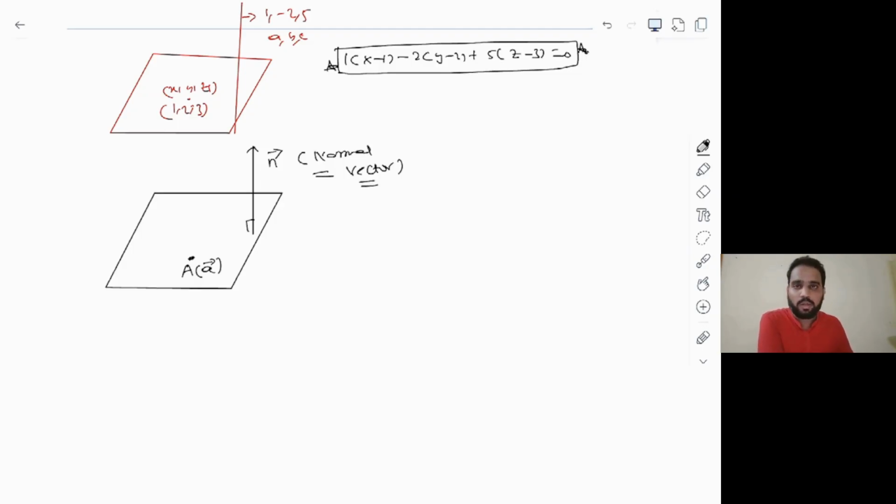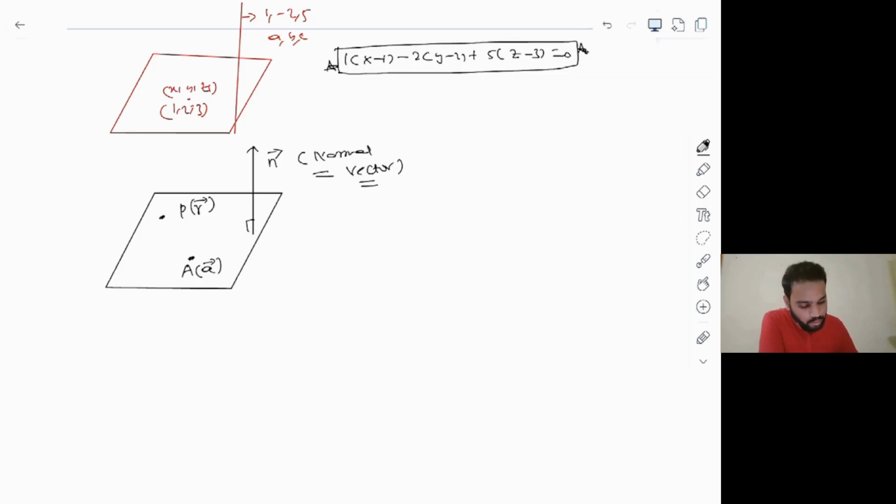Now, if you want to construct the equation of this plane on which you have a point A whose position vector is A bar and the normal vector to it is n bar. Once again, the first step is always assuming the general point on the plane. So I will take a general point on this plane as some point P here. But since it is vectors, I should be taking in the form of some R bar. Okay. So what is R bar representing here? It is any general point on that plane.